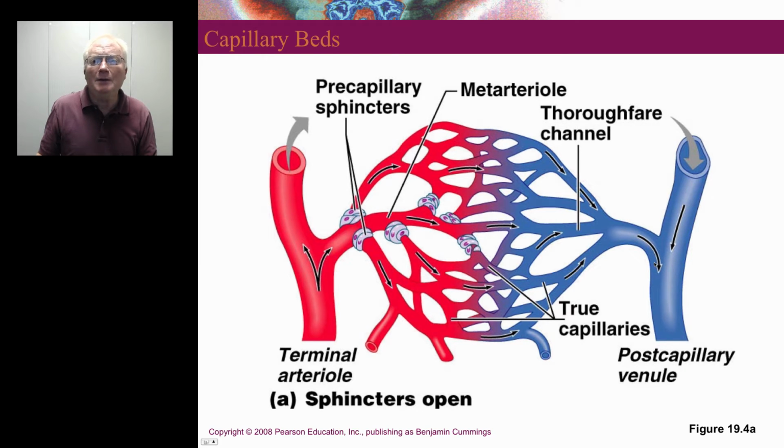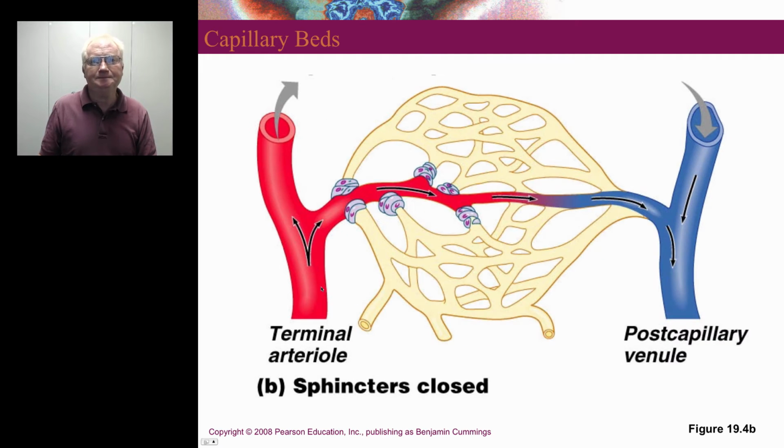However, the primary definition that I gave you earlier applies, that arteries carry blood away from the heart. And so although in systemic circulation arterial blood is oxygenated, in the pulmonary circulation the arterial blood is deoxygenated and looks blue, and the pulmonary veins carrying blood back from the lungs to the heart are carrying bright red oxygenated blood.